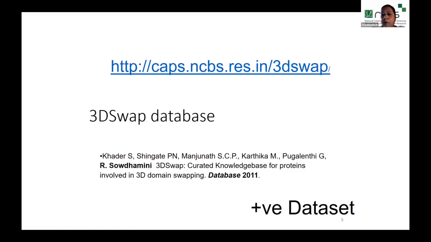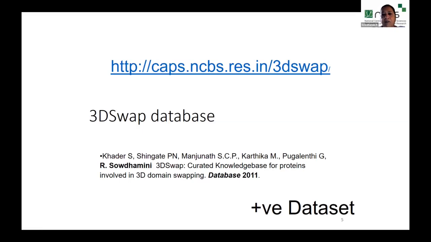And we were going to apply machine learning algorithms. For machine learning algorithms, you need a positive data set and a negative data set, and you need a whole lot of properties that go into the training, so that we can begin to understand what sort of properties are crucially influencing or determining whether a protein is likely to be engaged in domain swapping or not.